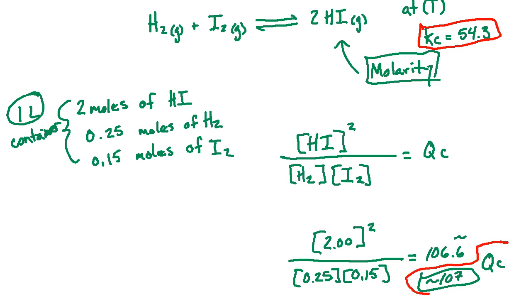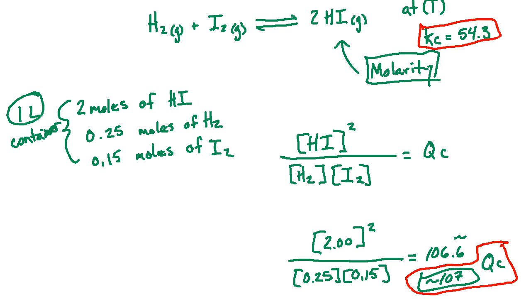Qc is 107. So you can start off by saying, well, these are not the same. So therefore, the reaction is not in equilibrium, because if it was already at equilibrium, then the Qc that we calculated would be 54.3, and it's not. It's 107. It's much larger than what we would expect the equilibrium constant to be.